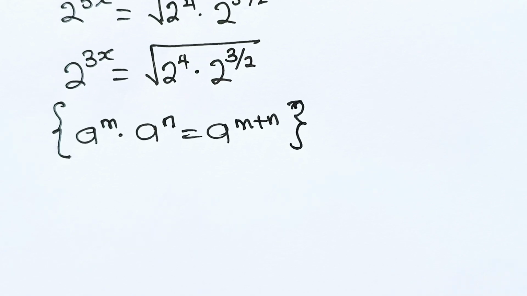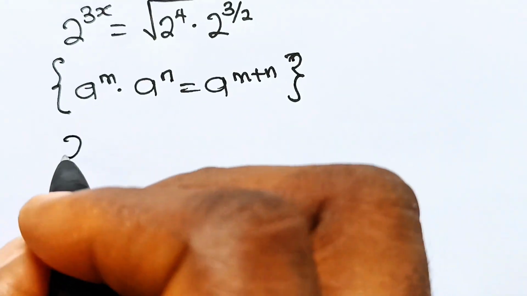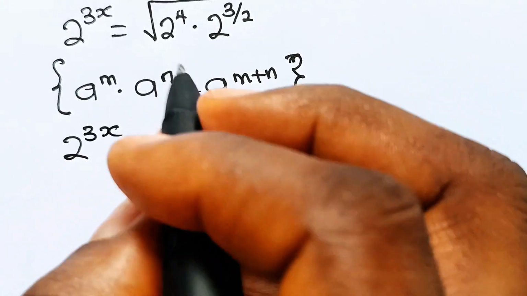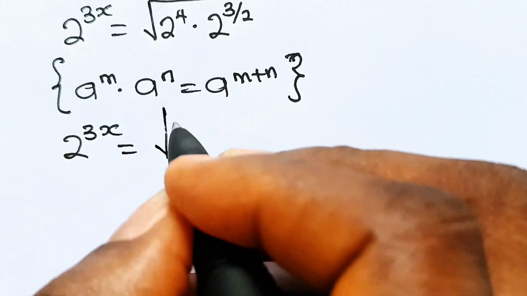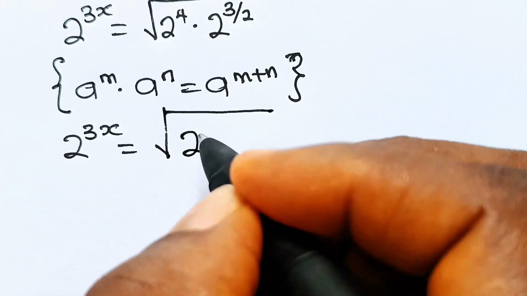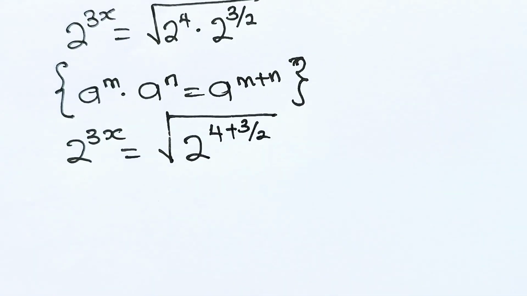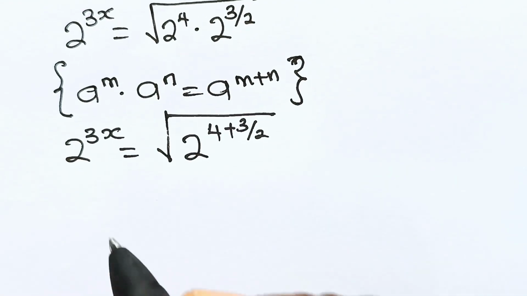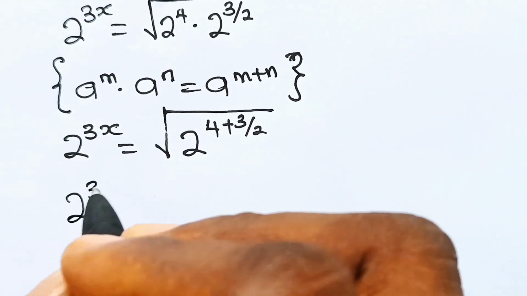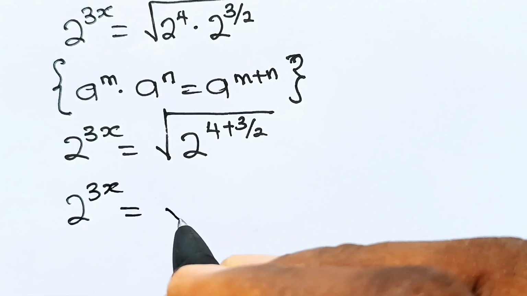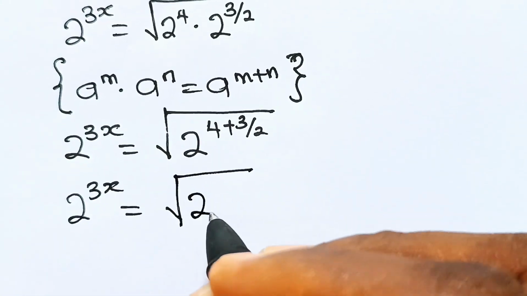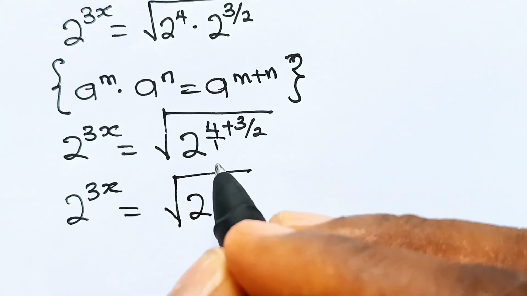Therefore, we can write this as 2 to the power of 3x is equal to the square root of 2 to the power of 4 plus 3 over 2. So we have 2 to the power of 3x is equal to the square root of 2 to the power of, now this is 4 over 1.